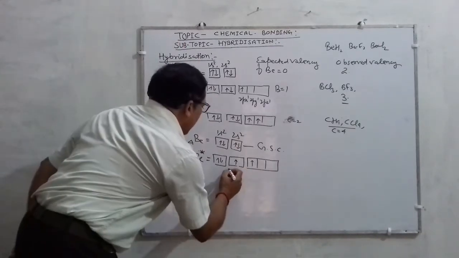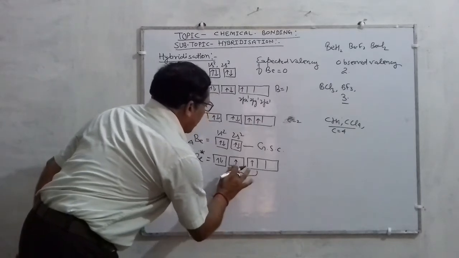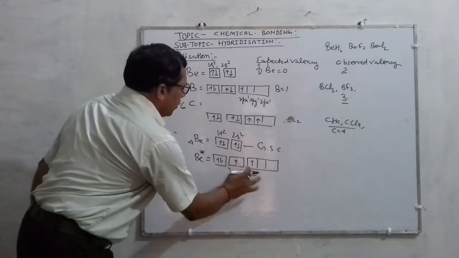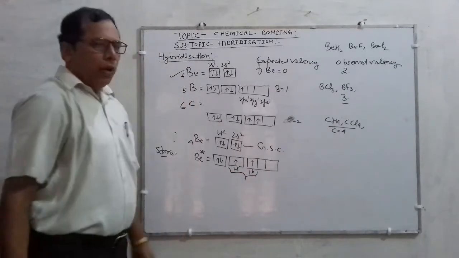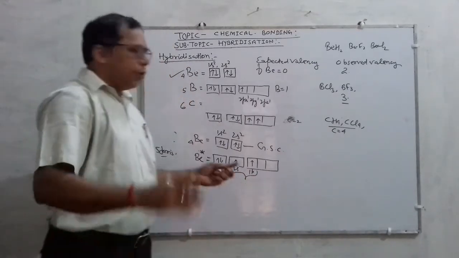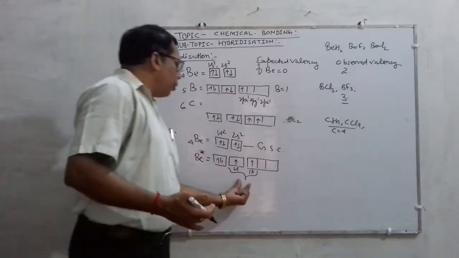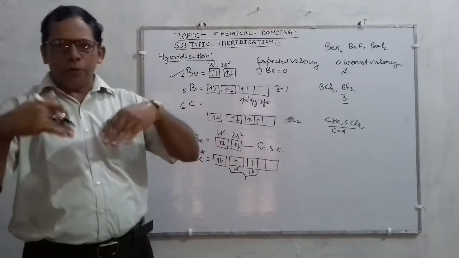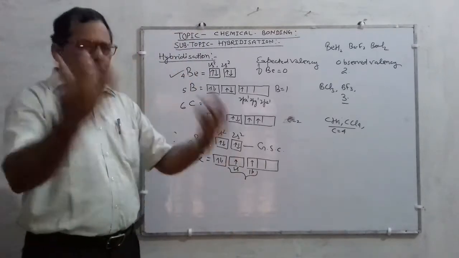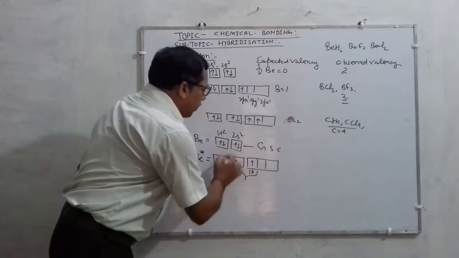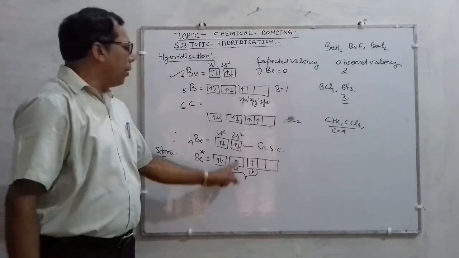So in this, the 1s and 1p orbital will combine to form two new orbitals of almost equivalent energy, and that will be called hybrid orbitals, and the phenomenon will be called hybridization.